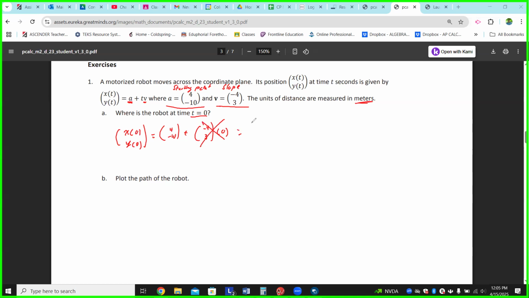And then when I add it, I would just get 4, negative 10. Pretty good? All right. So at 0 seconds past, this robot is located at 4, negative 10. So wherever you're imagining your plane to be, you have some center of the room. Your robot on this coordinate plane is 4 to the right, 10 down. That's where the robot is.